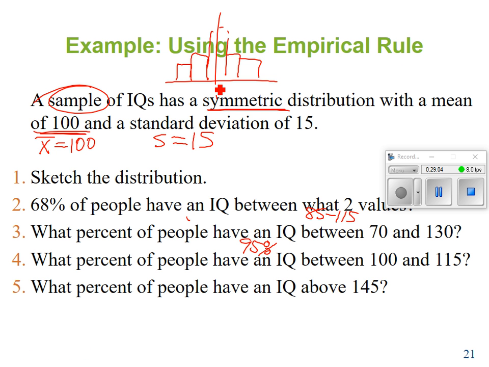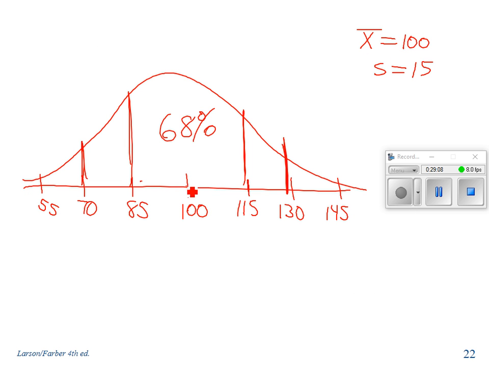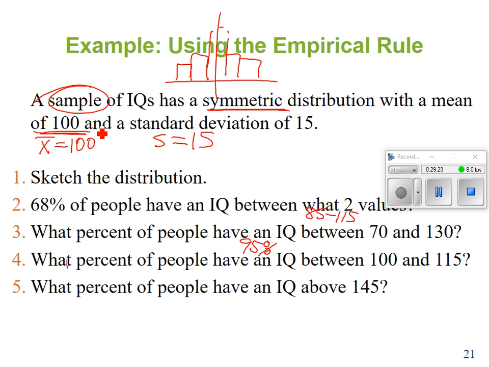Yeah, between 100 and 115. So if we're looking at this from 100 to 115, what percent of the people is going to fall in there? 34%. You got to be able to draw this though. You got to be able to draw that graph. So 34%.